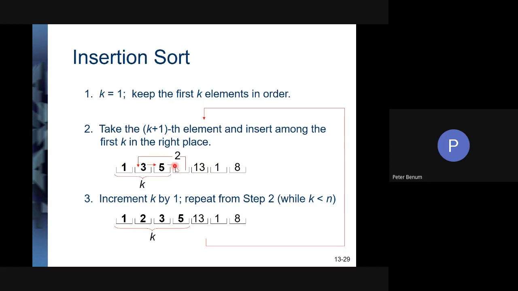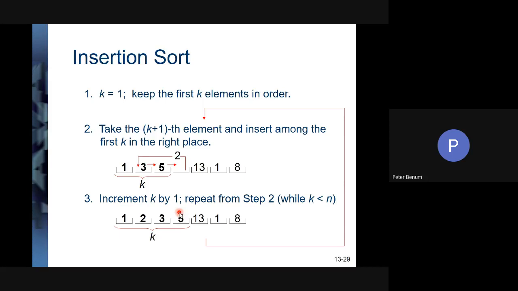So luckily we've already moved 5 out of the way, because 2 has to go somewhere. That's why we're shifting them at the same time until we find one. Okay, it is greater than that, not less. So then we stick it in there. And now the sorted part is 4 elements long rather than 3. So it grows each time.